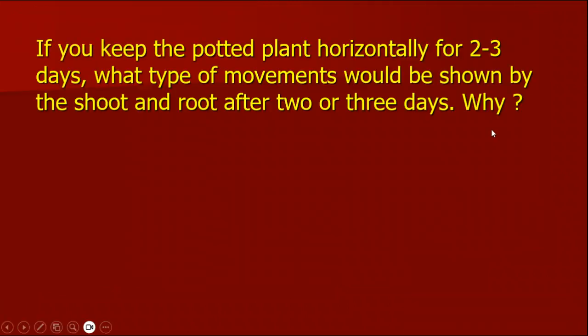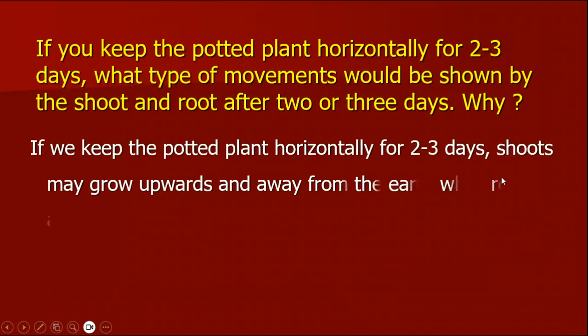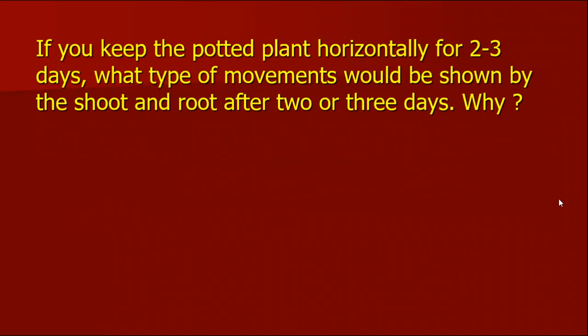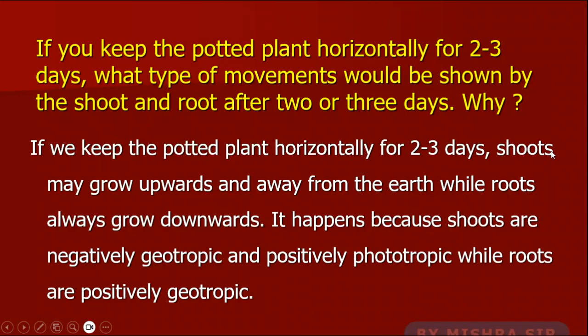First question on your screen. If we keep the potted plant horizontally for 2-3 days, what type of movements would be shown by the shoot and root after 2 or 3 days? Why? So let's see here.